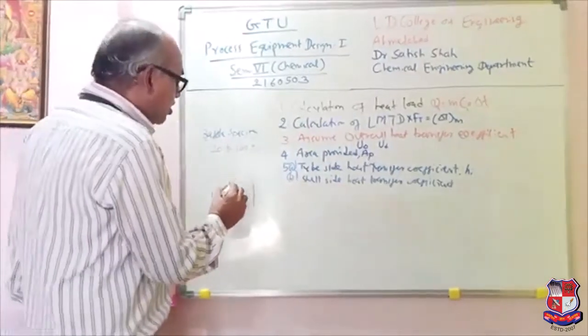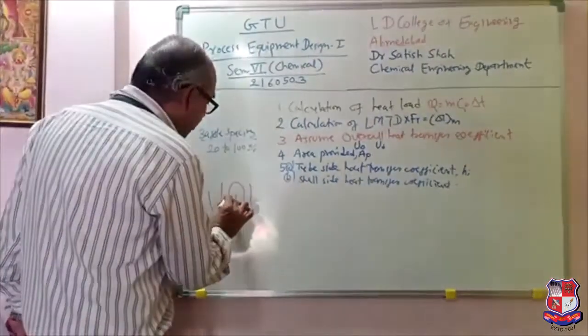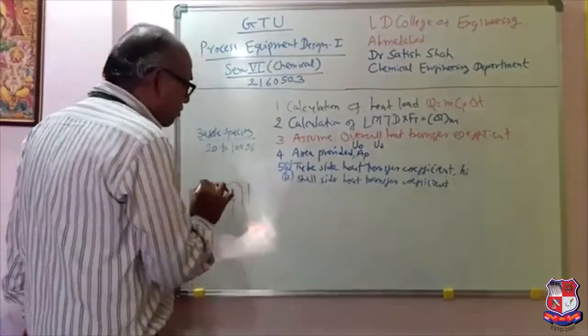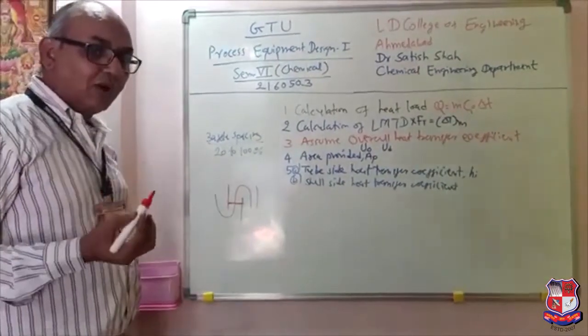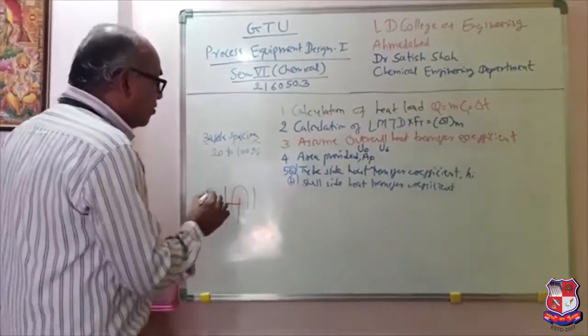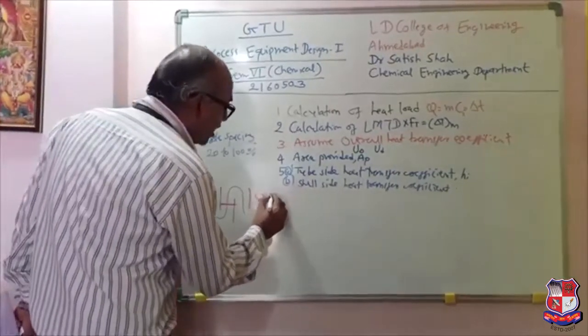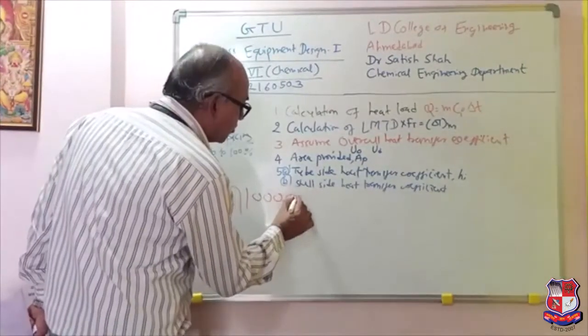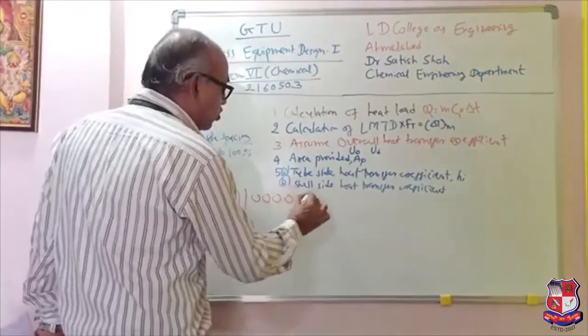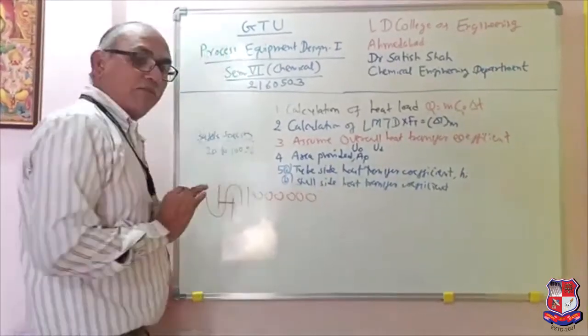One side is the baffle spacing that is available to you. On the second side, we have the tubes like this. Suppose these are my tubes in the center.